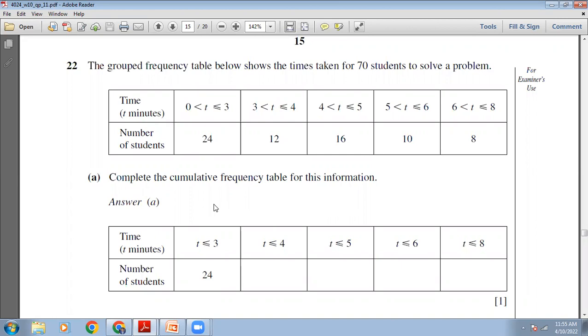Remember, the cumulative frequency table is always drawn from the upper boundary, and we add up all the frequencies. The first frequency will come as it is, then 24 plus 12, then the next frequency will be added, and then the next.